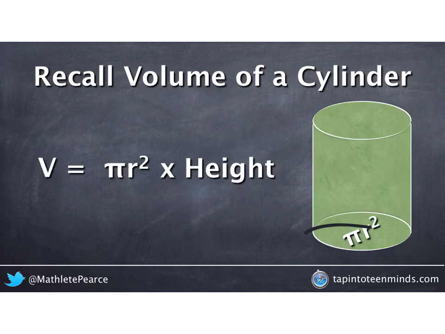All right, so let's recall first the volume of a cylinder. And remember how you find that volume of a cylinder. The volume is equal to pi times the radius squared times the height. And you remember that because we find that surface area down here of the base, which is a circle.